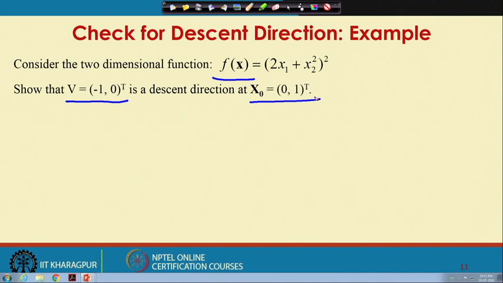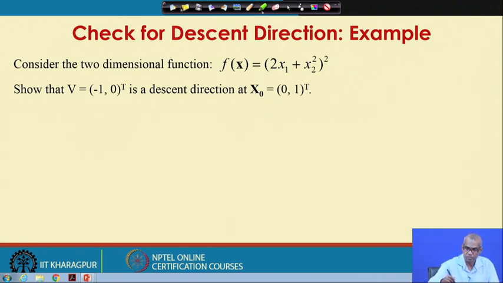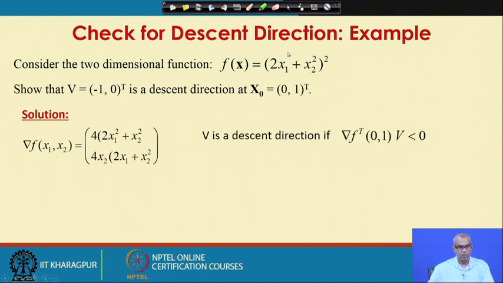So, what will you do? I will evaluate the gradient of this function at this x 0 point and then take the dot product of that with v, which is the direction. If the dot product is less than 0, then v is a descent direction. So, I find the gradient, and v is the descent direction if the dot product of the gradient of the function with v is less than 0 at x equal to 0, 1.